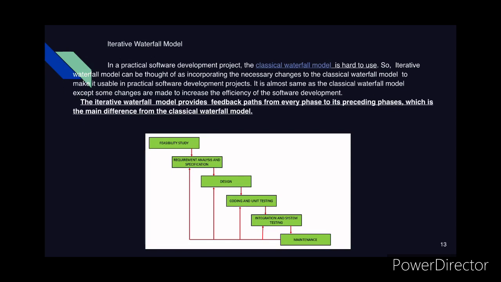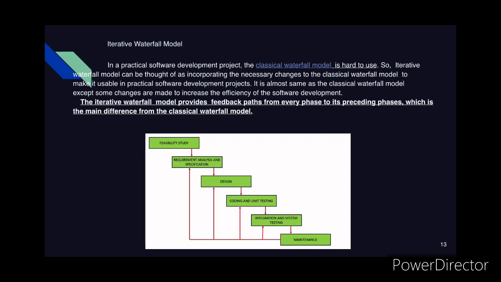It is also the same as the classical waterfall model, except some changes are made to increase the efficiency of software development. The main change is that it provides feedback paths from every phase to its preceding phases, which is the main difference from the classical waterfall model.